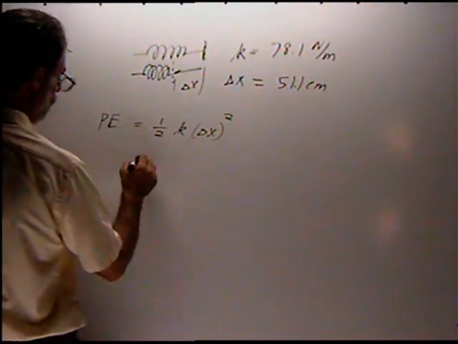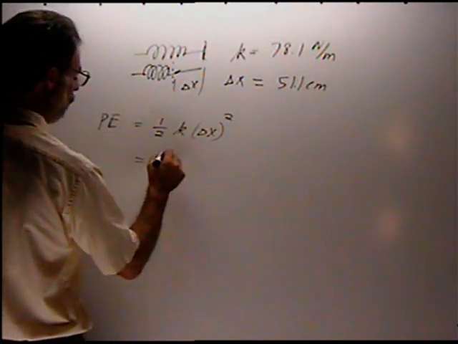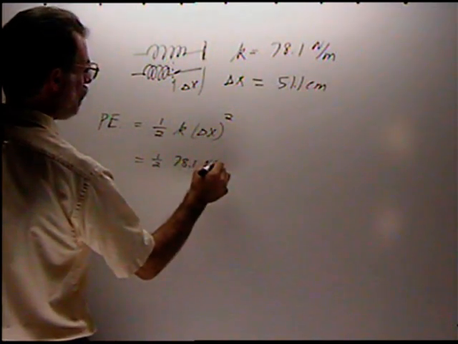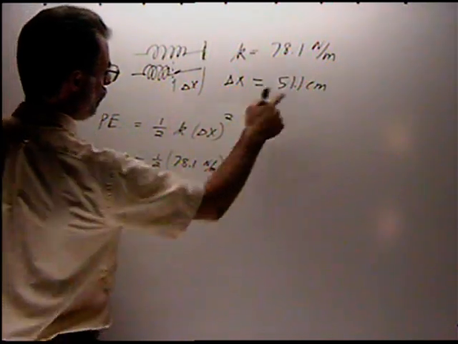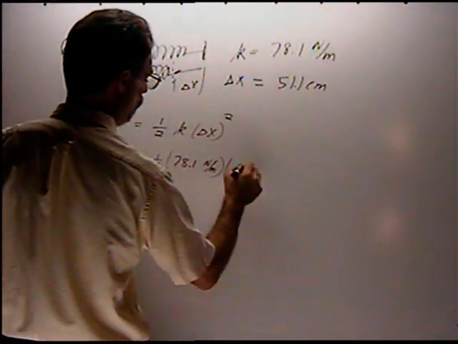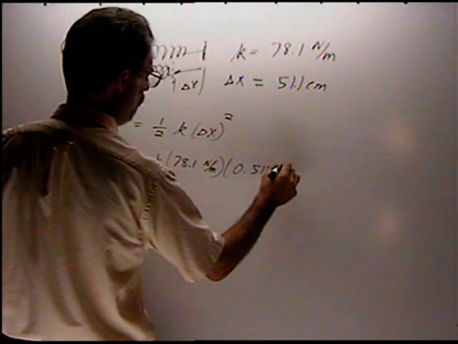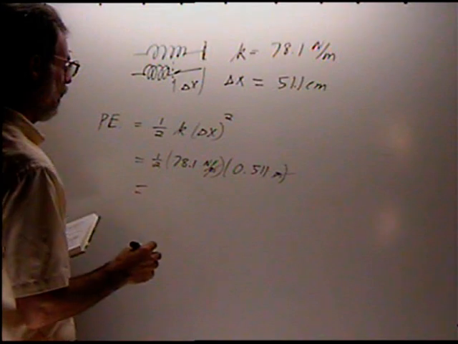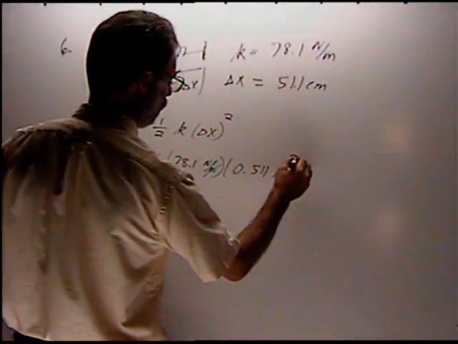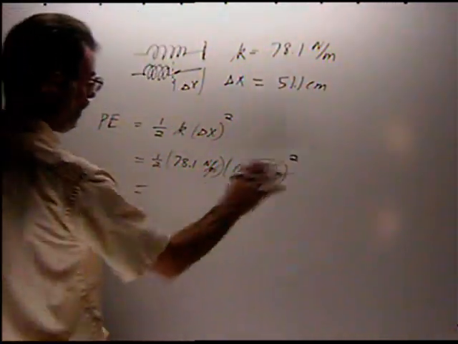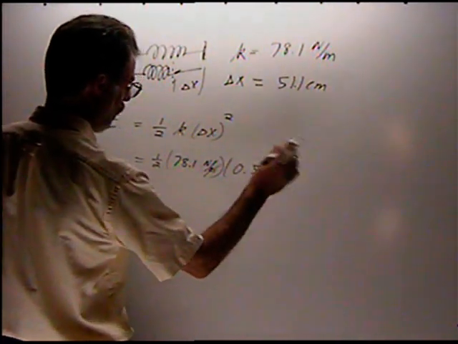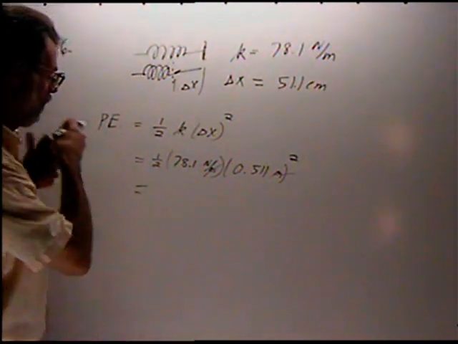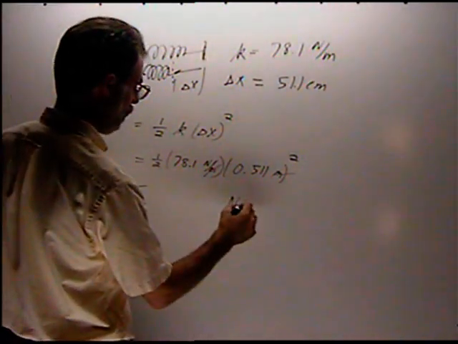So we simply plug into this. It's 1/2 times 78.1 newtons per meter times, I'm going to convert that to meters, 0.511 meters. Notice that the meters cancel out. And, whoops, I have to square it. I forgot about that. Only one of them cancels out, but one does not. So we're left with a newton meter.